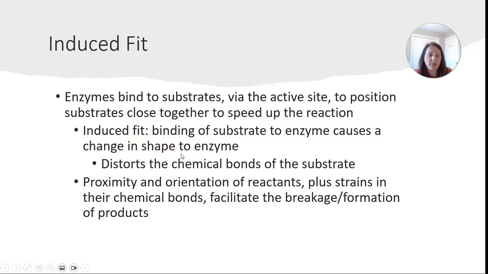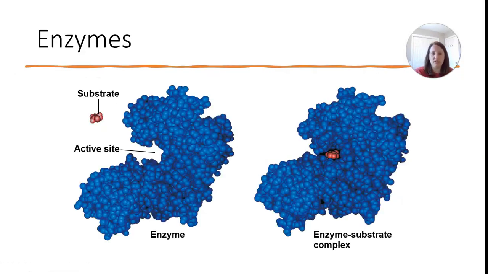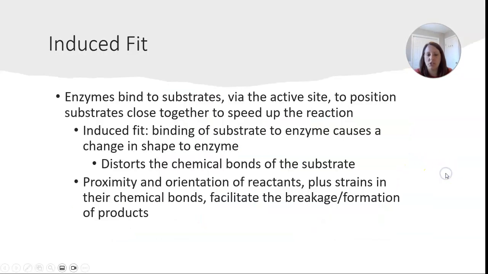It happens after substrate binds, and again, it's going to distort chemical bonds. When I think of induced fit, and you can see from the previous figure, what the enzyme does is it wraps itself around its substrate. So you can think of that as like a hug. Again, a change in shape.